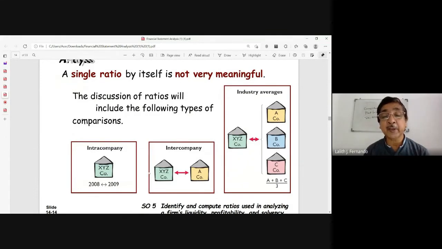Then you can have several companies into consideration, and you can say industry. In an industry XYZ, you have A, B, and C all together in the same industry, and you take the industry average by averaging the three companies.